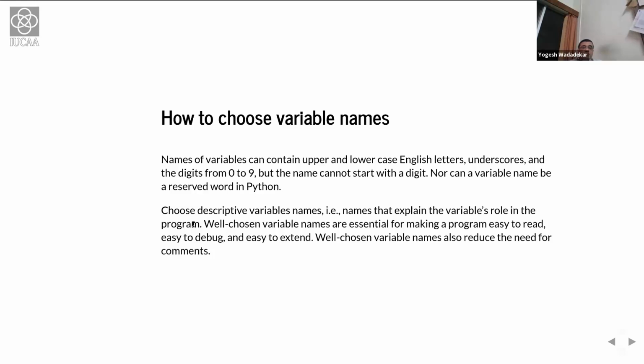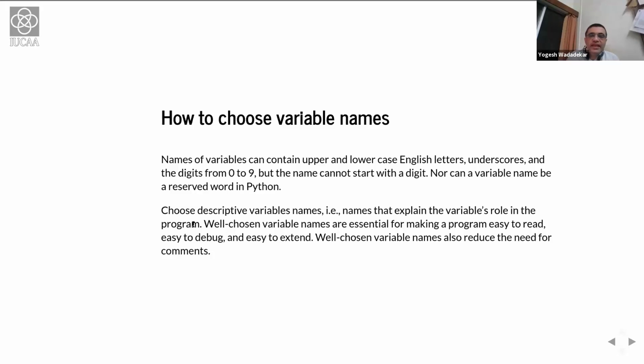Well-chosen variable names are essential for making a program easy to read. Python makes it so easy to write readable programs. So why don't you do your share and use variables that make sense, because that will make your life easy. You'll find your programs easy to debug and easy to extend.